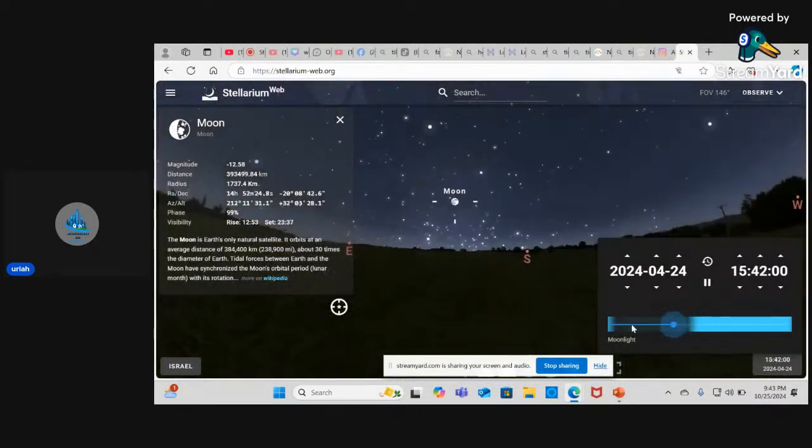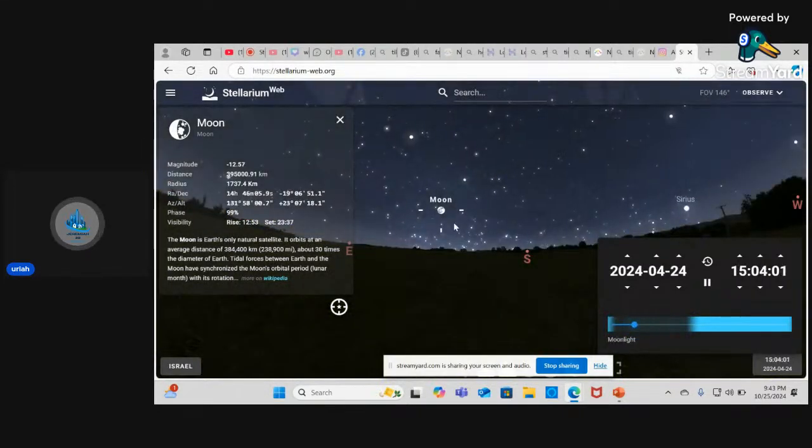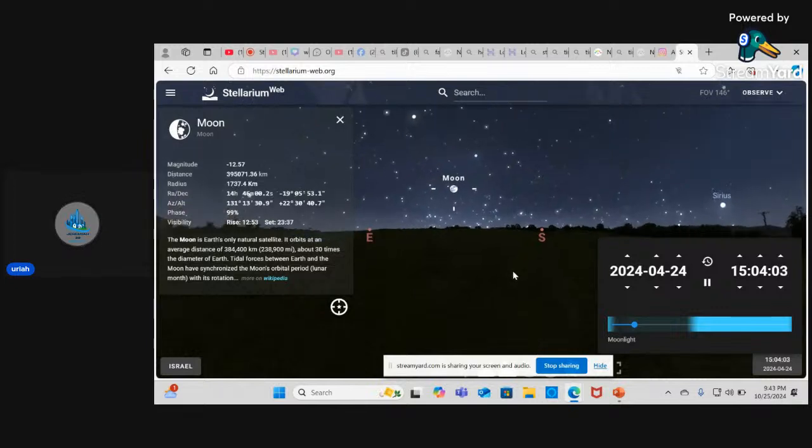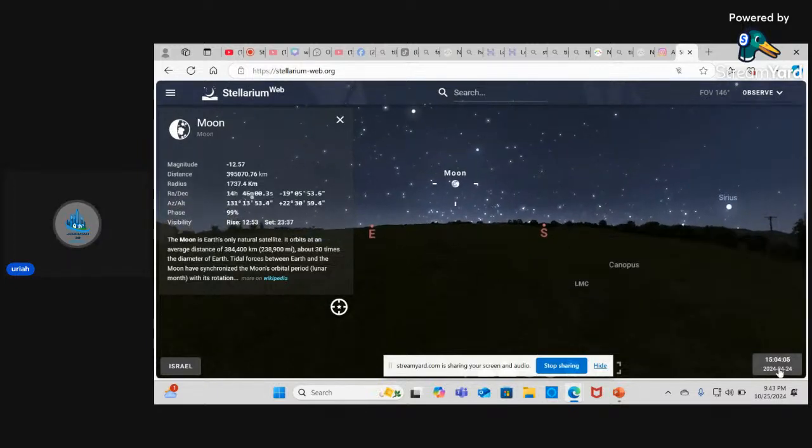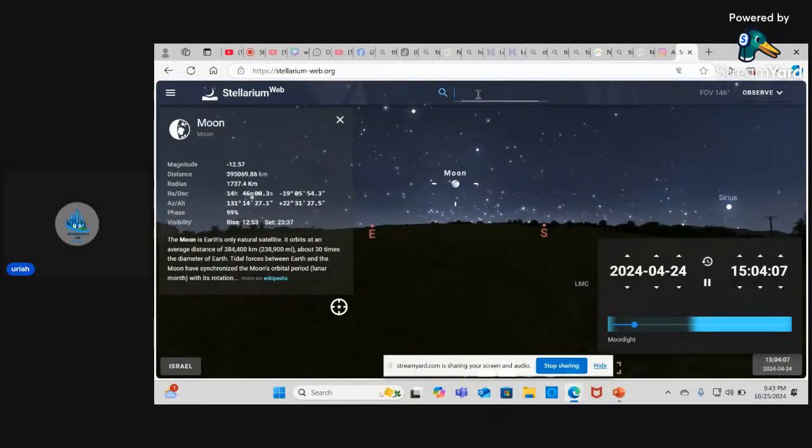All right, cool. But notice what you will see ahead of the moon. And this is in Israel, and it's the same month, the same day of the month.